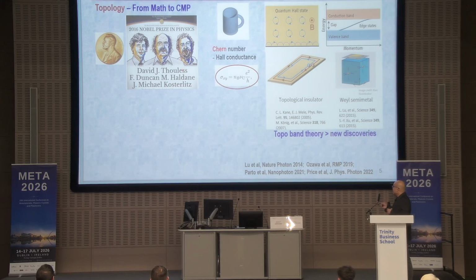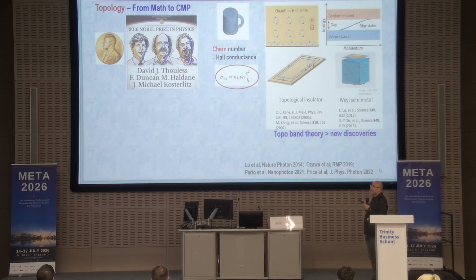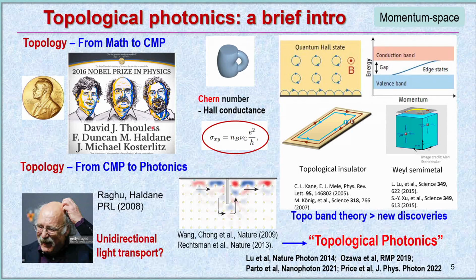This is a very brief slide, just to show you that from the mass to condensed matter physics, right? We know that the topological band theory has led to many discoveries, including, say, topological insulator and Weyl semimetal, right? What I want to mention here is that the same Nobel laureate, Duncan Haldane, and his colleague, Raghu, brought this concept into photonics.